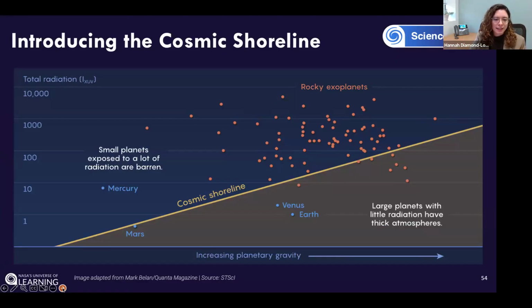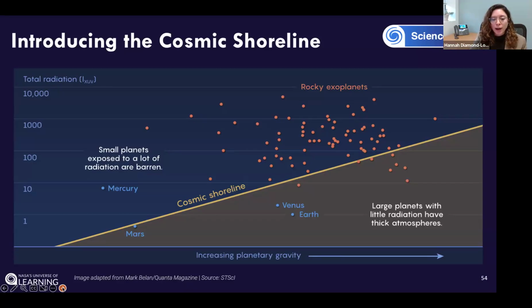It has a complicated name, but the idea behind it is fairly simple: on the y-axis, you plot the total amount of high energy radiation that a rocky planet receives as a function of its gravity on the x-axis. Gravity is a proxy for how well a planet can hold onto its atmosphere. So in the top left, a planet that does not have a lot of gravity and receives a high amount of radiation is going to have a really tough time holding onto an atmosphere and will probably be a bare rock.